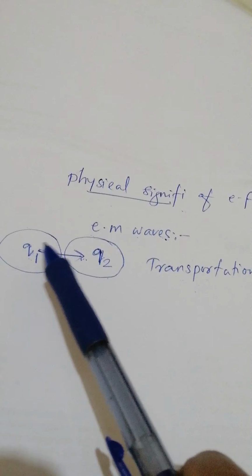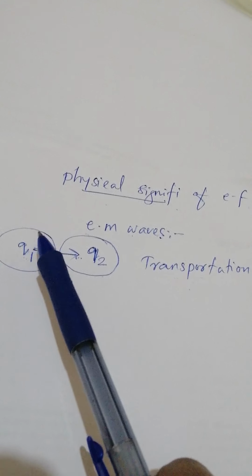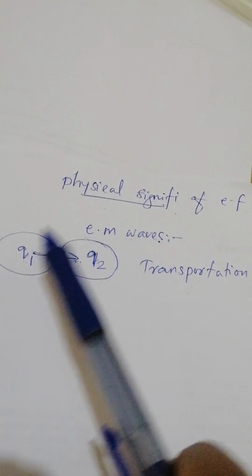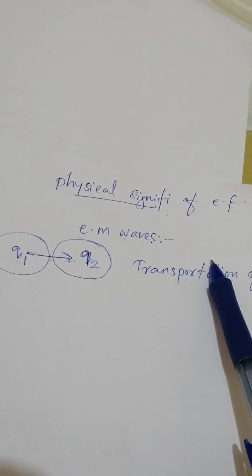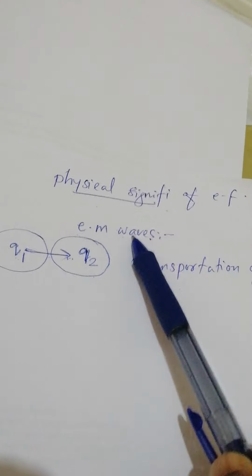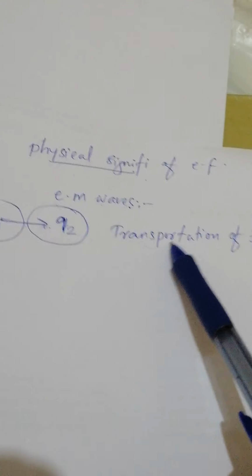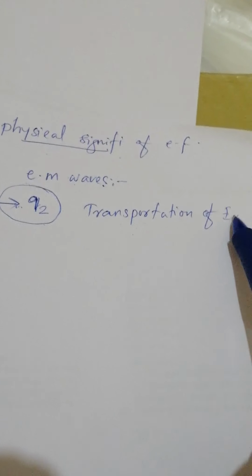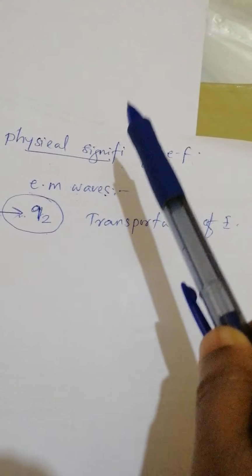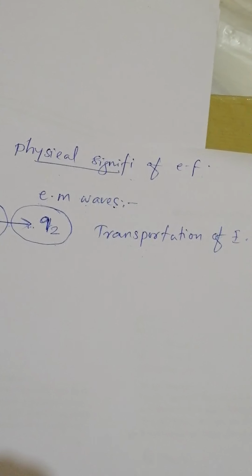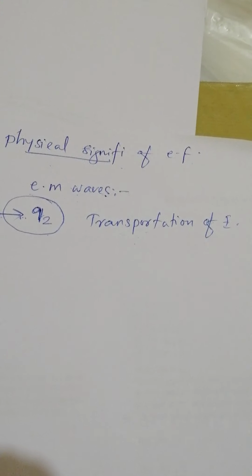That is, the signal or energy can be transferred from one position to another using electromagnetic waves. This is the physical significance of electric field.